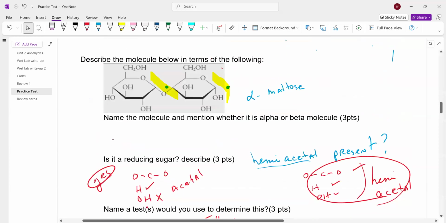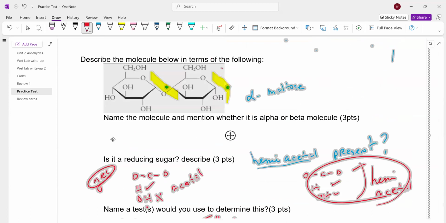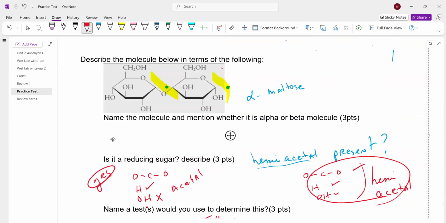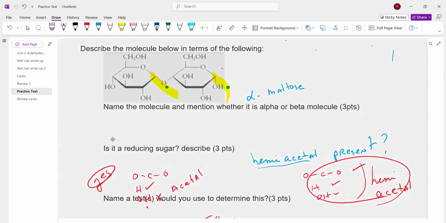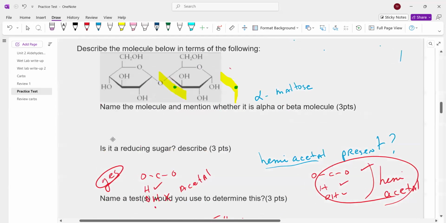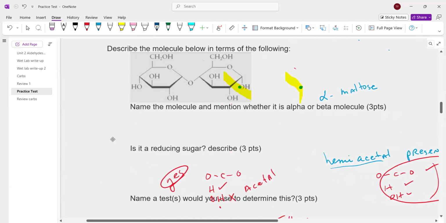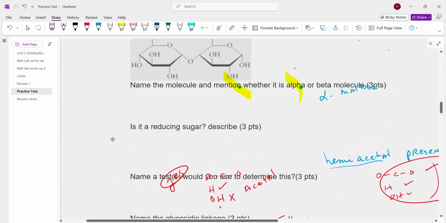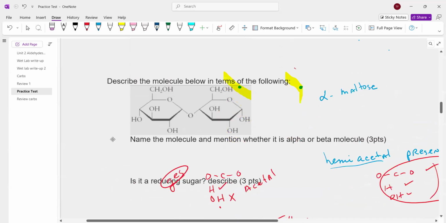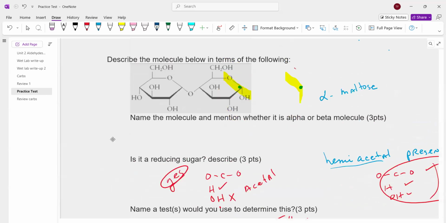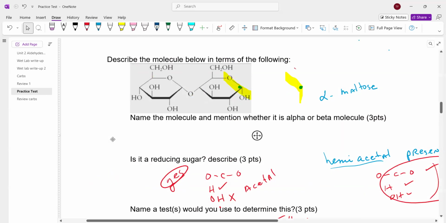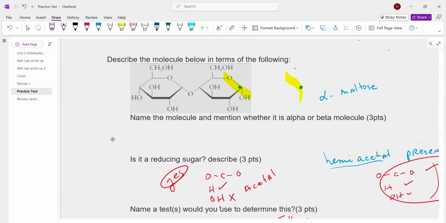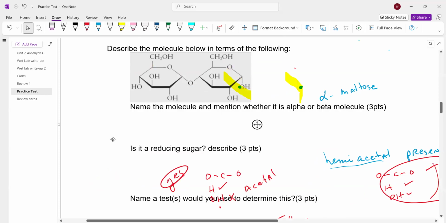This is the hemiacetal side here on the right. So that means it can open up to an aldehyde, and that aldehyde on the right can then be oxidized. Sometimes.